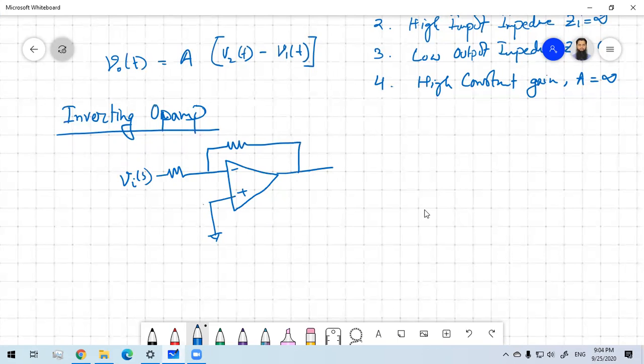Okay, so we are calling this one Z1(s), and we're calling this one Z2(s). So even though we are showing resistance, actually these are not resistance.